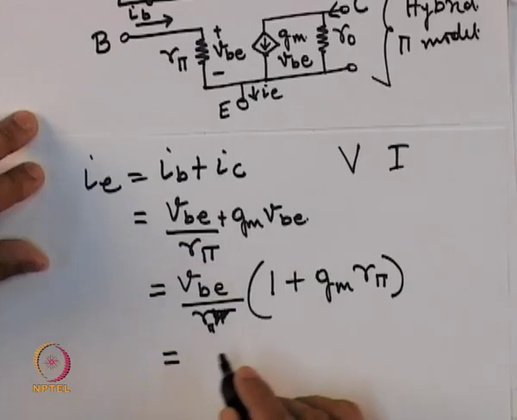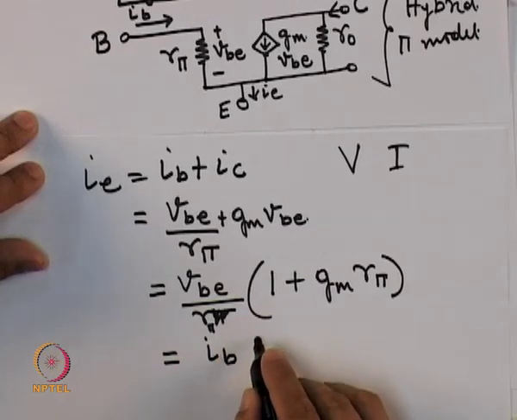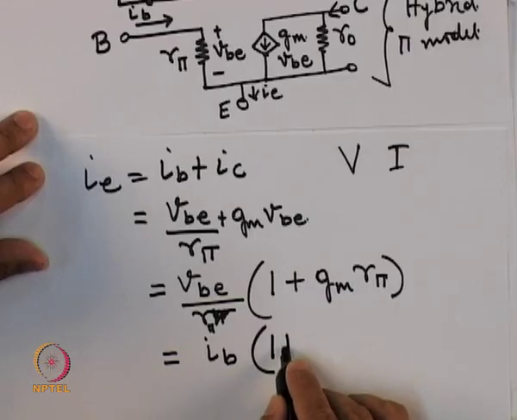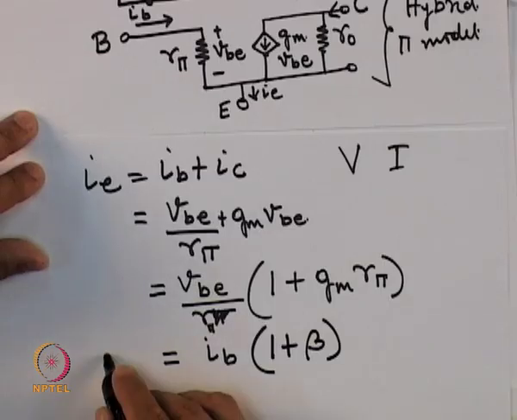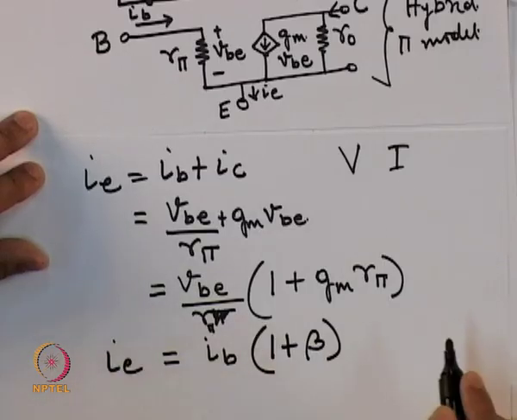And this I can say is equal to I b, because V b e upon R pi is equal to I b, and then I get back my original relationship between I e and I b. I e and I b are related by this equation.